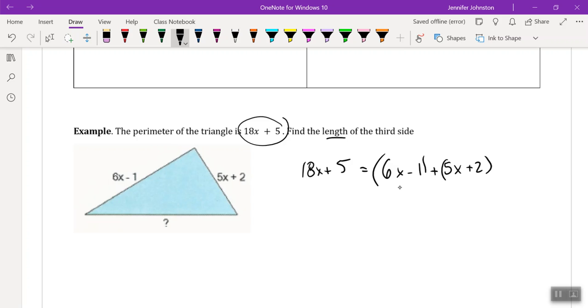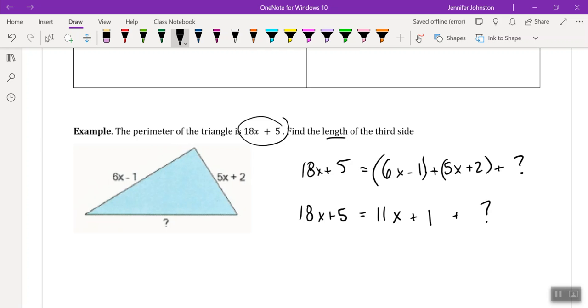Those are going to go together, plus something gives us this. Well, let's combine like terms and see what we can get. So 6 plus 5, that's 11. And negative 1 plus 2, well, that's a 1.